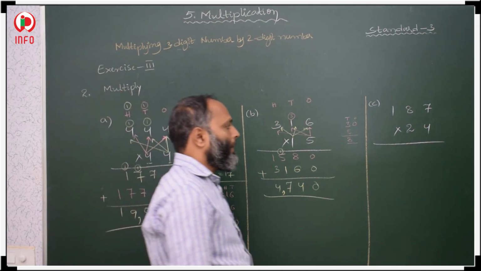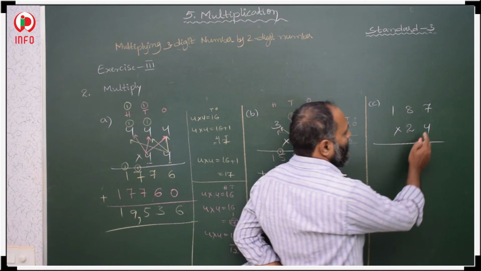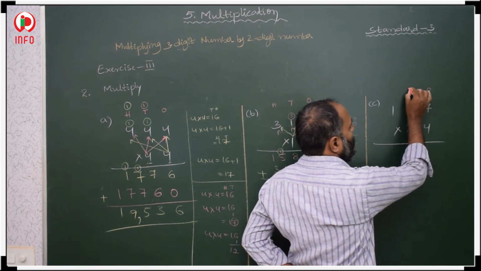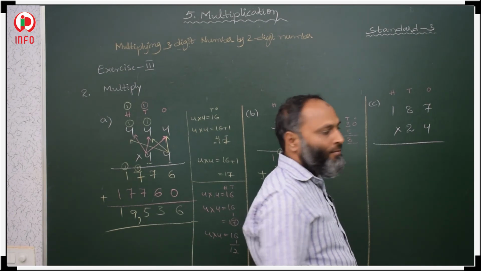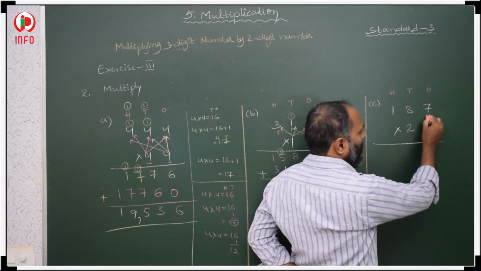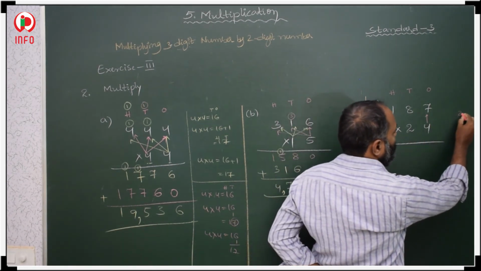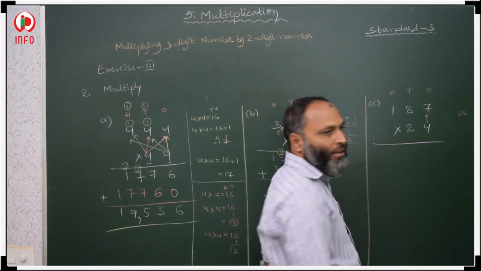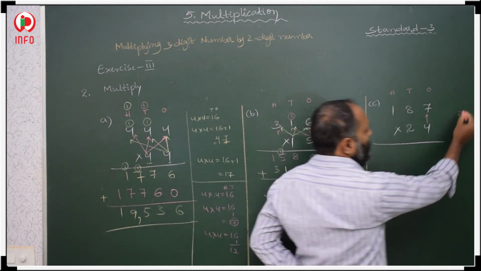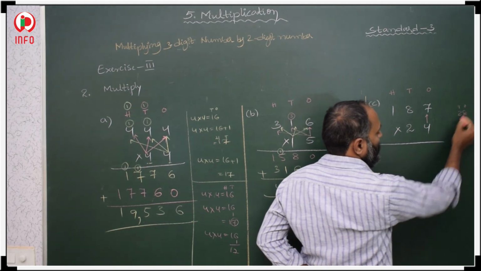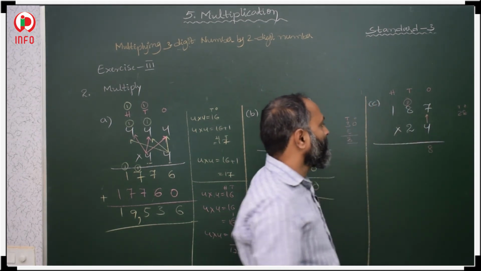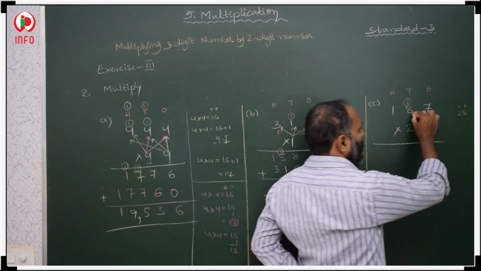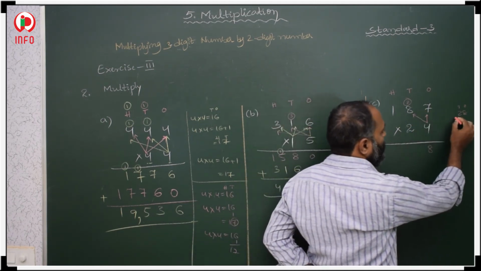4,740. Now here this is ones place, this is tens place, this is hundreds place. 4 7s are 28. 28 means this 8 is in ones place, this 2 is in tens place. 8 and 2 over here. 4 8s are 32.